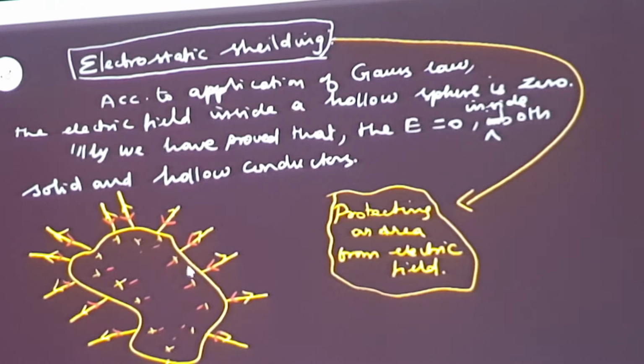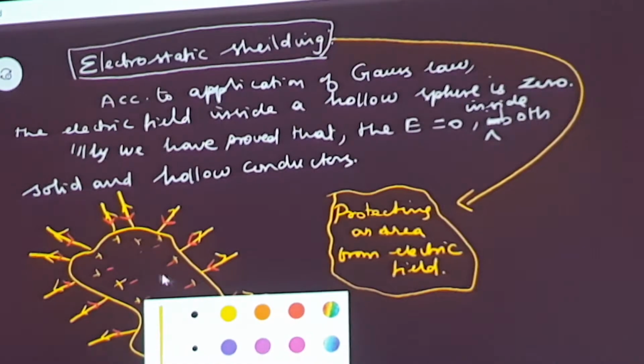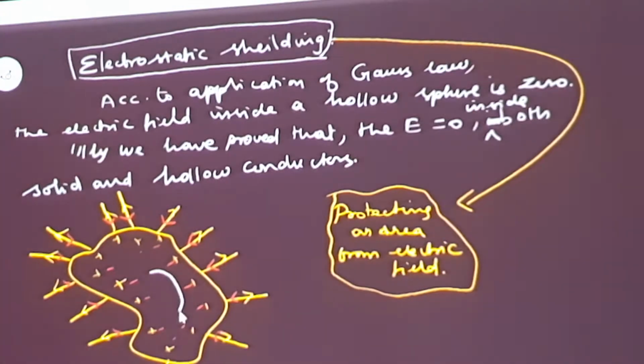Now, consider a small cavity inside this conductor. Inside this cavity, the electric field E equal to 0, so that inside the conductor the electric field is 0.